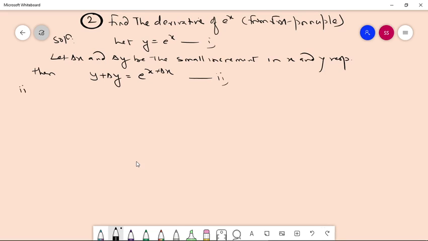Second equation, second minus first equation, del y equal e to the power x plus del x minus e to the power x.